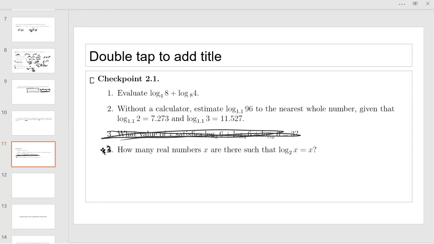Okay, do you guys want to go over the answers, or do you want to work on them for some more time? Okay, I'll start going over the solutions now.